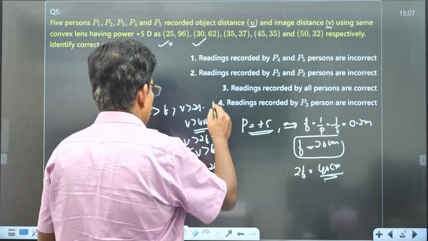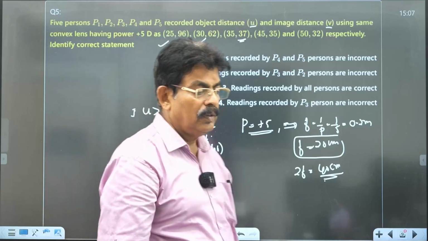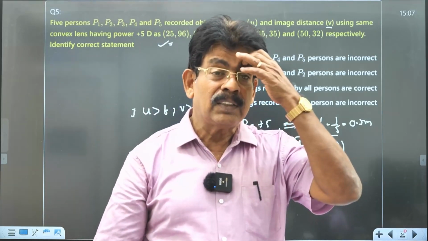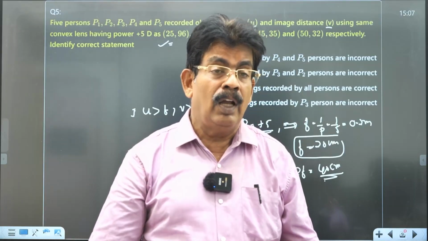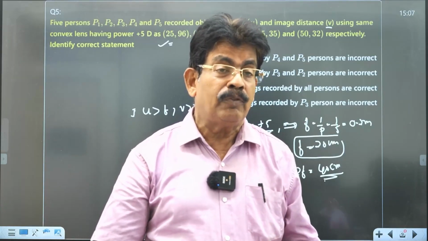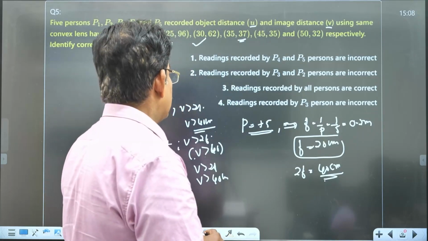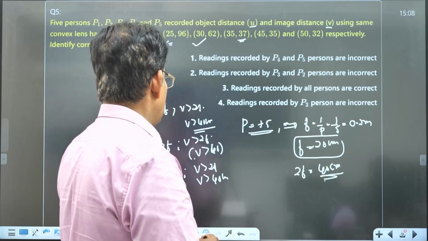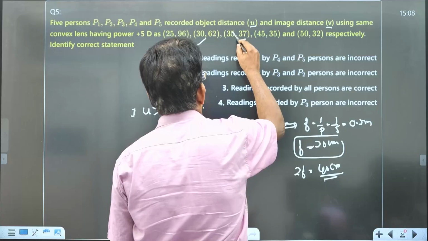But here, V is given to be 37 centimeter. So, the case P3 is not possible. In case P3, object distance is more than F, it is 35 centimeter, F is 20 centimeter. Image should be more than 2F. It should be more than 40 centimeter. So this case is not possible.